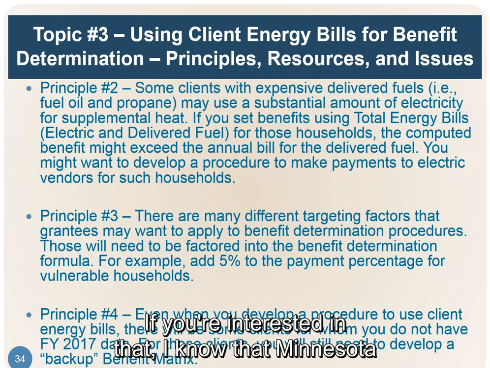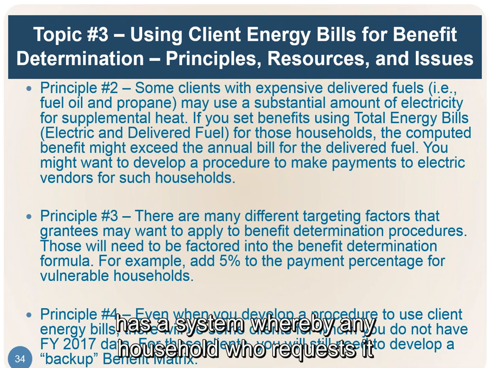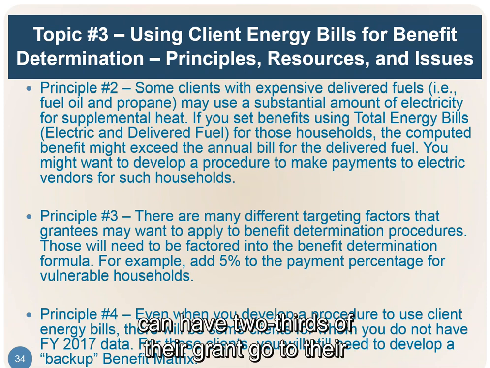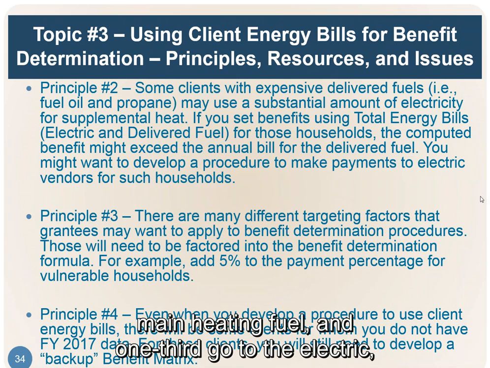If you're interested in that, I know that Minnesota has a system whereby any household who requests it can have 2/3 of their grant go to their main heating fuel and 1/3 go to the electric.